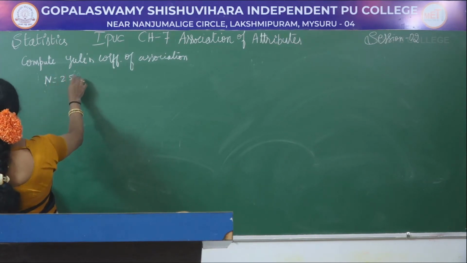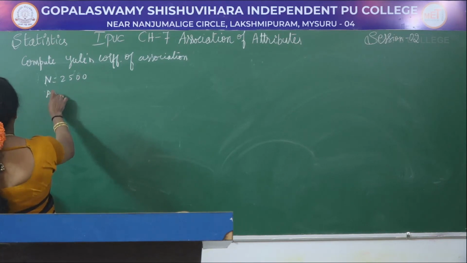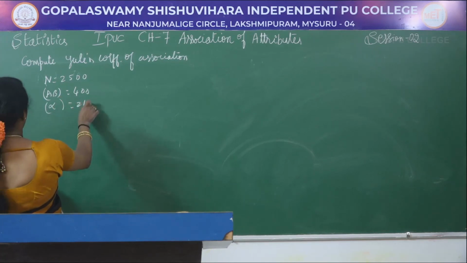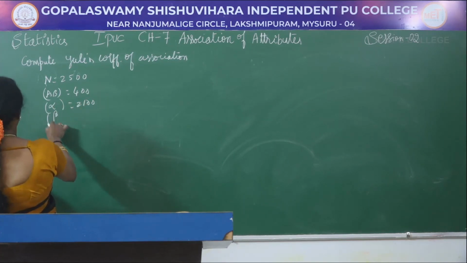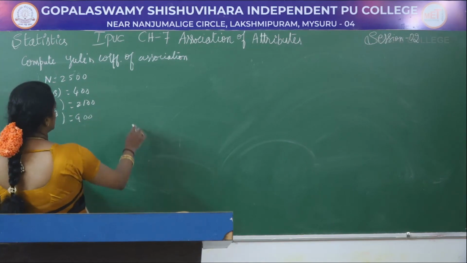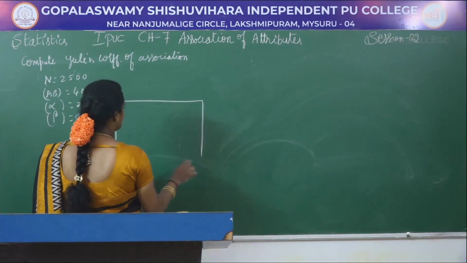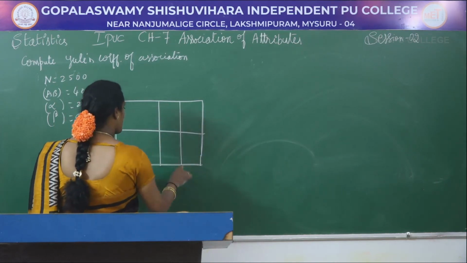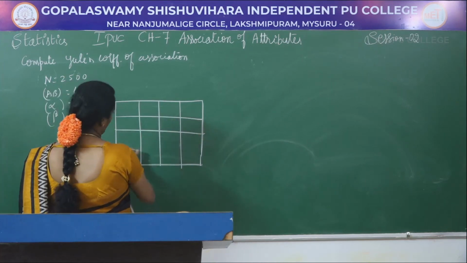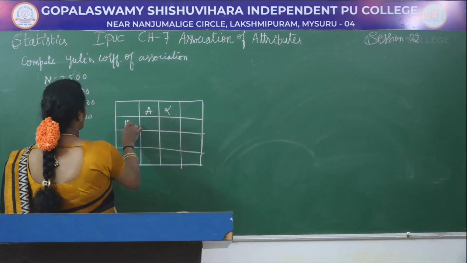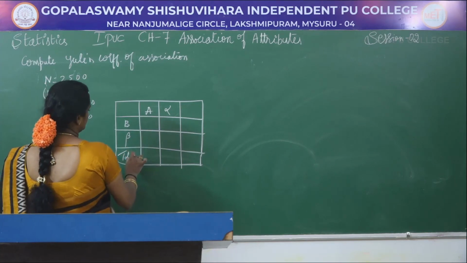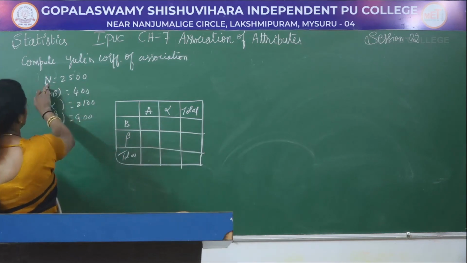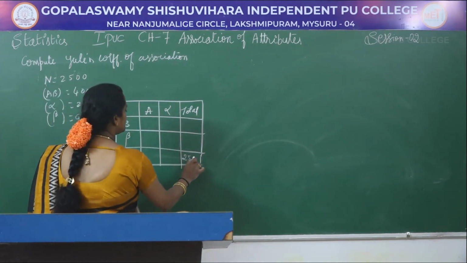N is equal to 2500, AB 400, alpha 2100, beta 900. First complete the table. Here they have given the total N, it is 2500.